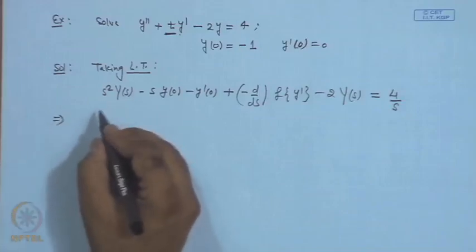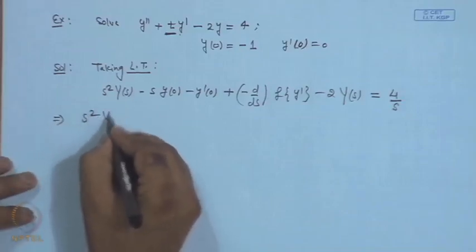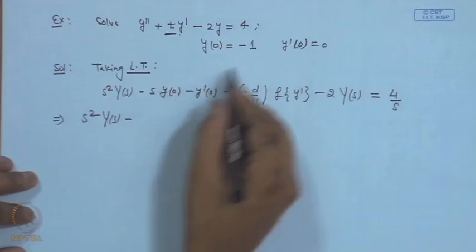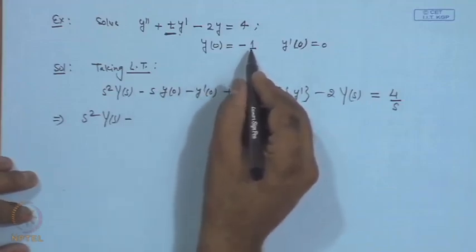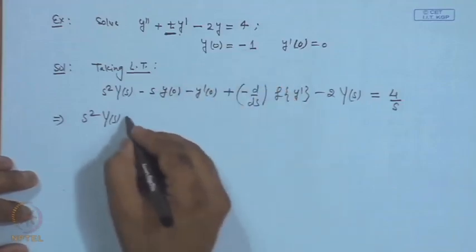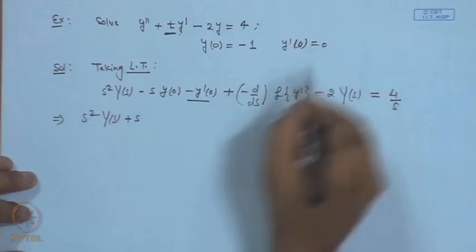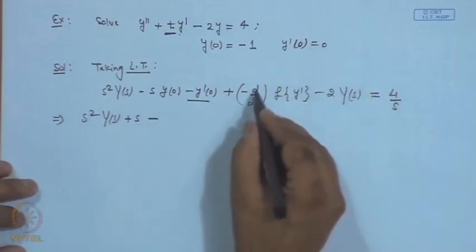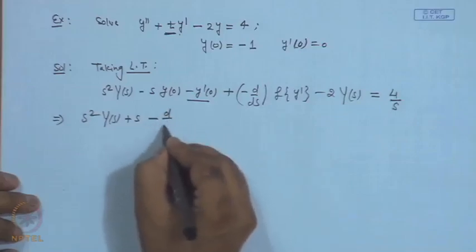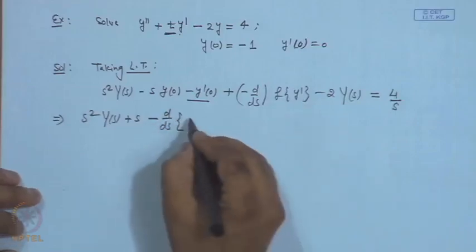What we have now, first let us do this: Y(s) minus s y(0), and y(0) is minus 1, so we will get plus s, and this is 0. So, we have minus d over d s of the Laplace of y prime.